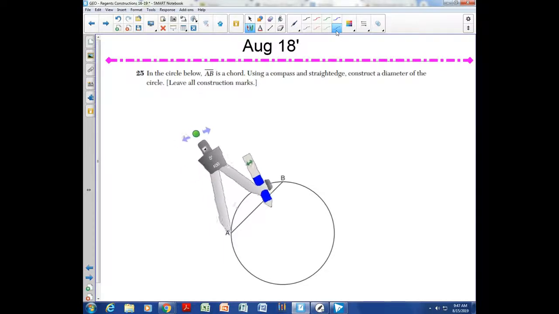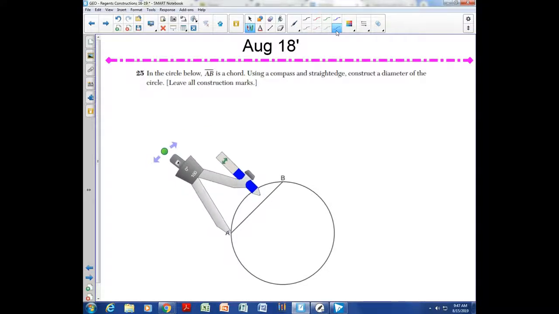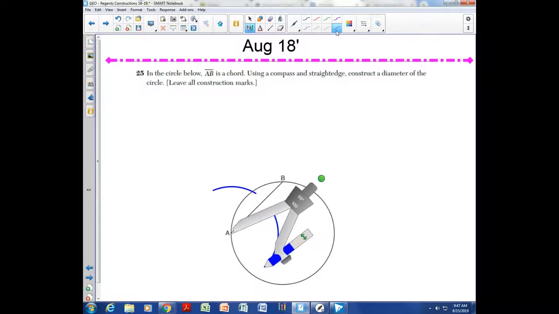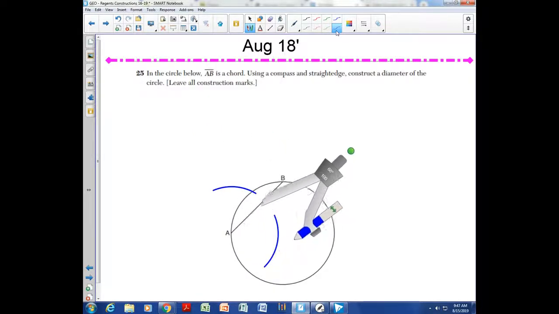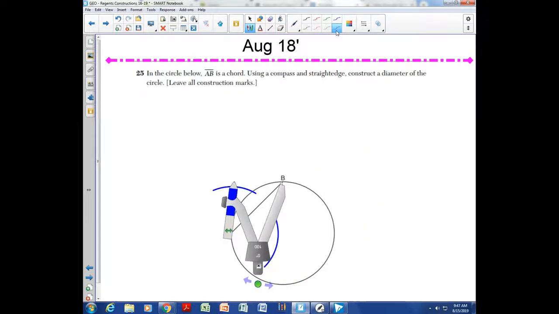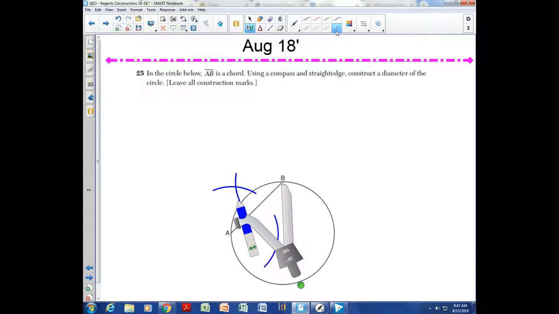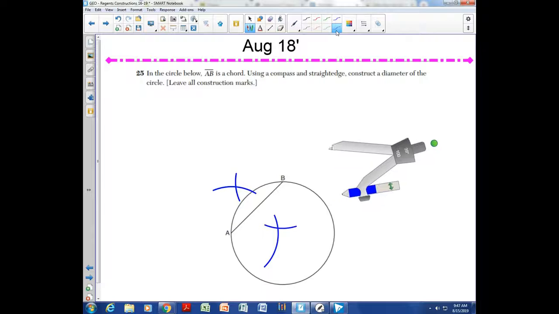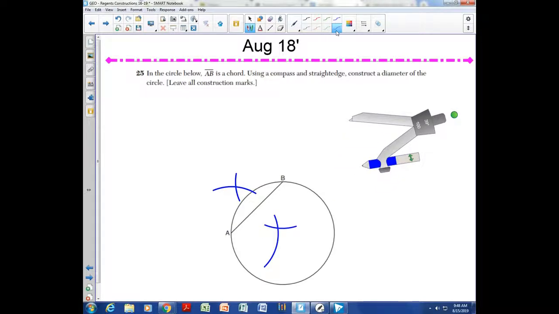Now, I'm going to be a little bit of a minimalist in this one, so I'm just going to go above the chord and draw that arc and below. And then I'm just going to, with the same exact radius set to the compass, go to the other end and make sure I intersect both of those arcs, both above and below. Our key is always to have two points of intersection so we can put our straight edge in.